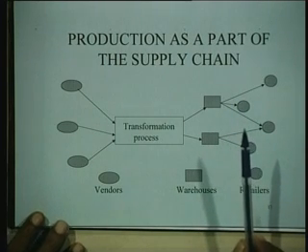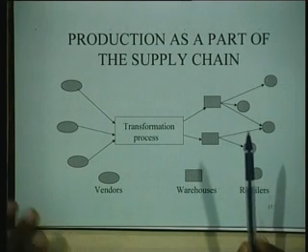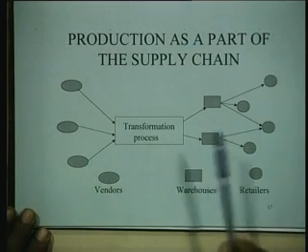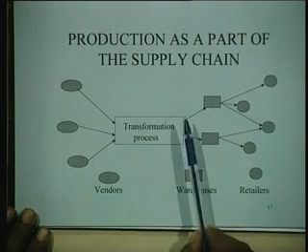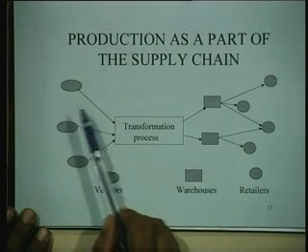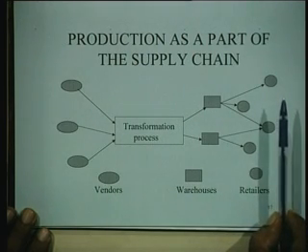So the idea has been that if you want to make the system more efficient, rather than looking at the manufacturing process itself, you should look at this entire chain. They call it the supply chain.